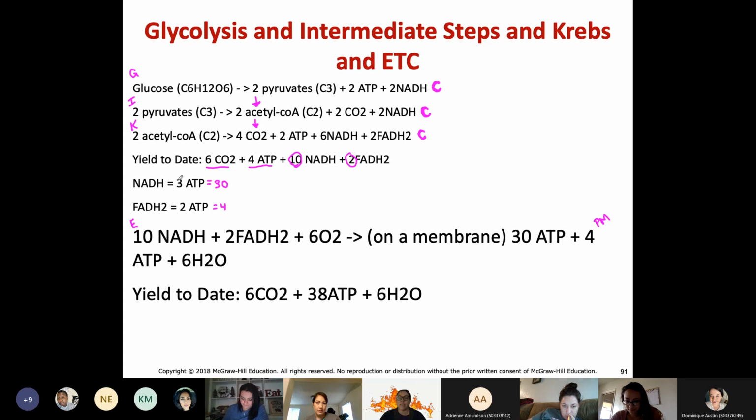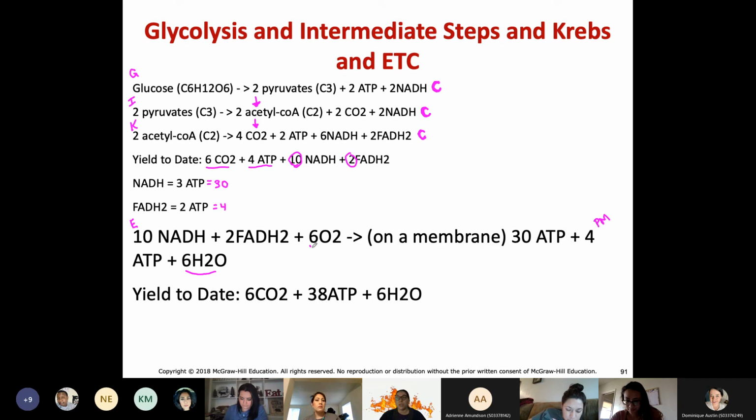And what we know is for every NADH, I can make approximately 3 ATPs. For every FADH, I can make approximately 2 ATPs. And so then I start pumping them out of the membrane, and then I spin my windmill, and next thing you know, from these I generate 30 ATPs, plus the 4 ATPs from the FADH2, and I made 6 water molecules.